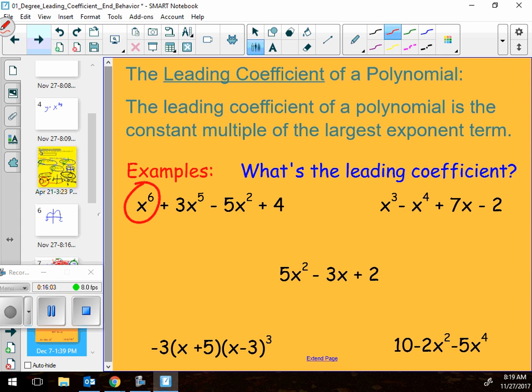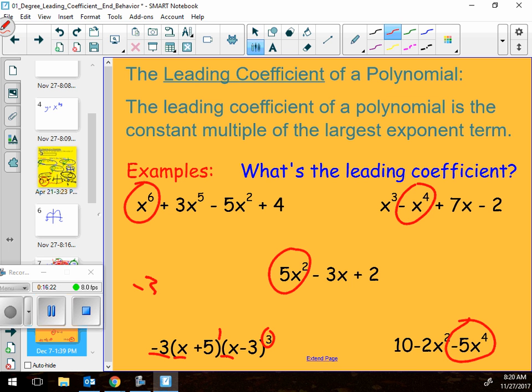Okay, lead dog, lead dog, lead dog, lead dog. And this one doesn't have a lead dog, but you remember how I made it? I made the lead dog in this one by going x to the third, x to the 1 makes x to the 4th, a -3. -3x to the 4th is the lead dog on that one.